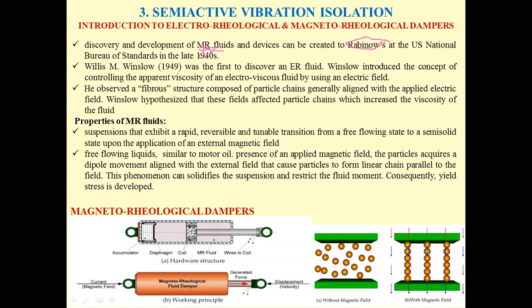While another scientist, Willis M. Winslow, in 1949 first discovered the ER fluid, that is electrorheological fluid. The MR fluid and device was discovered in 1940, and the ER fluid was discovered in 1949 by Willis M. Winslow.